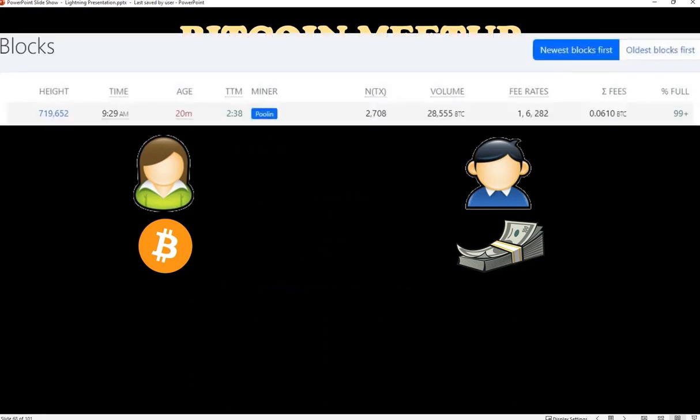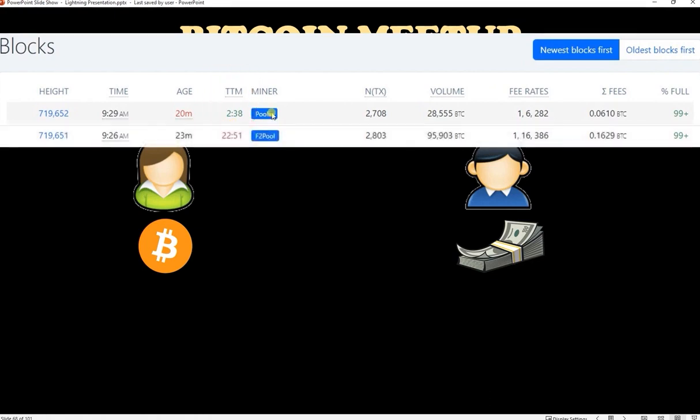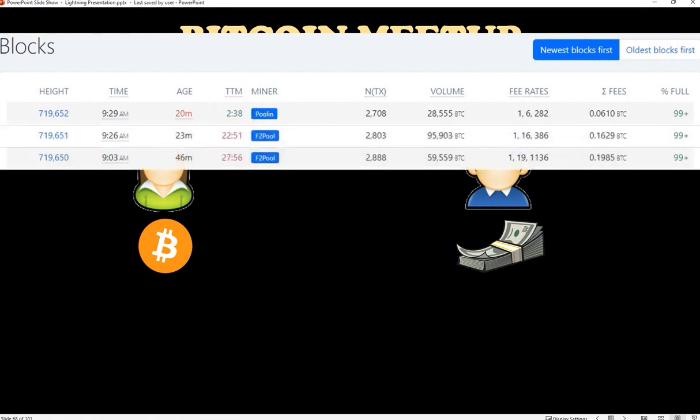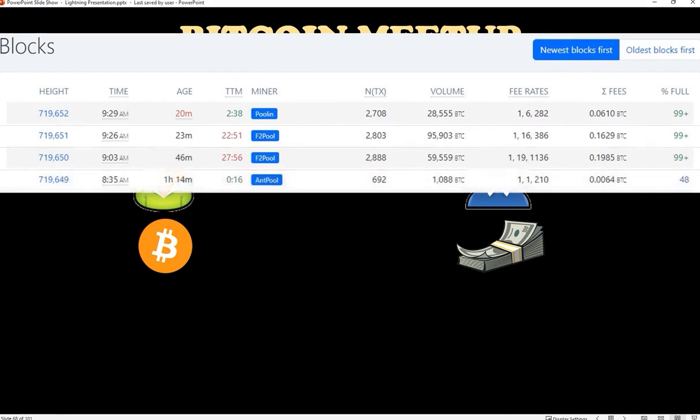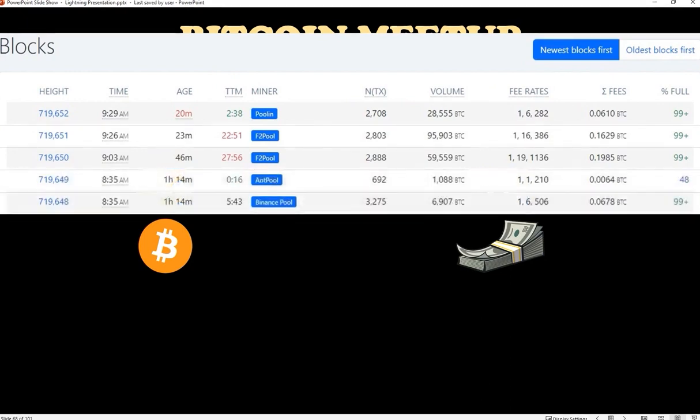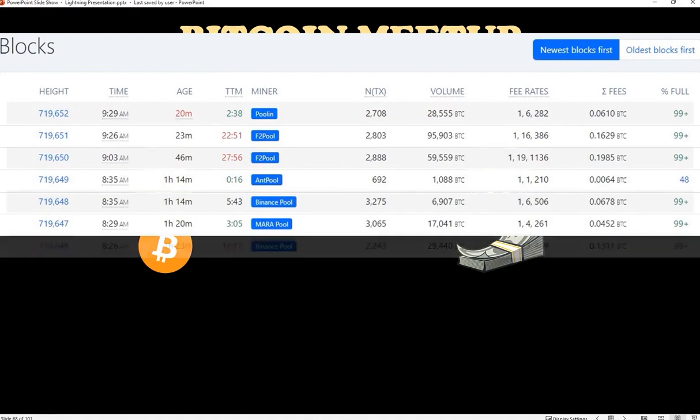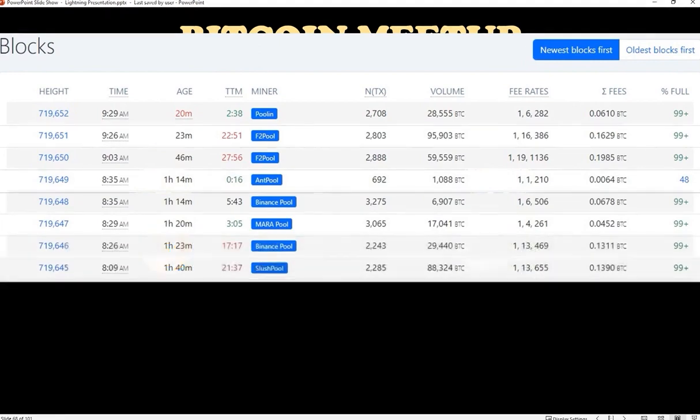Of course, remember that 10 minutes is an average. If we look at this block explorer here, you'll see they have a column for TTM, time to mine. And it tells you how long the block actually took. So you can see this block took 2 minutes and 38 seconds. Next one, 22 minutes. Almost 28 minutes. 16 seconds. 5.5 minutes. 3 minutes. 17 minutes.